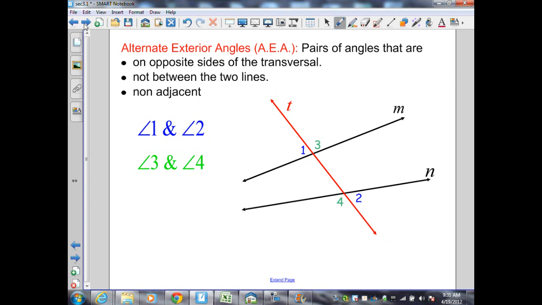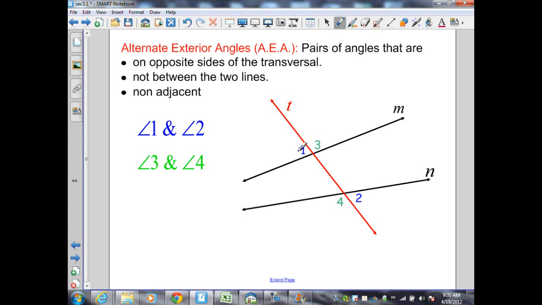Our next special pair of angles created by a transversal intersecting two other lines is called alternate exterior angles. From the previous slide, I think we can identify these a lot easier because of the word exterior. Here, what we have is a pair of angles that are on opposite sides of the transversal, exactly as on the previous slide.